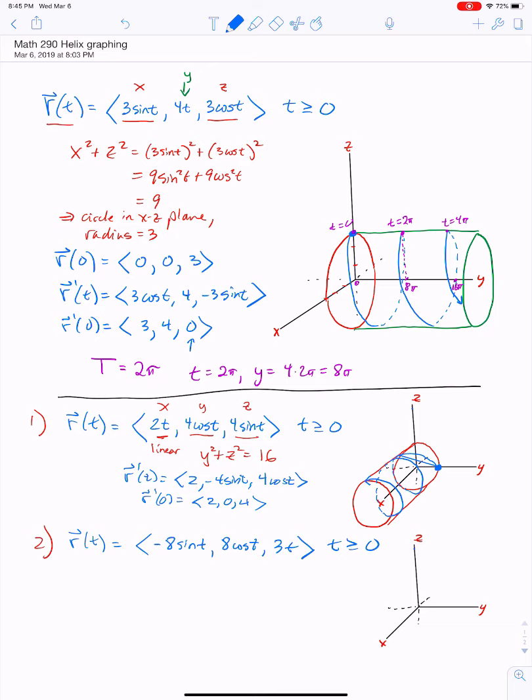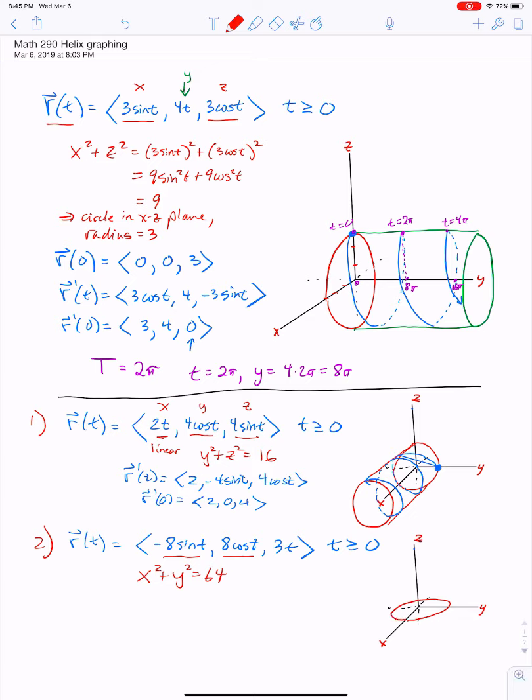Okay, now the second example, we have the x component and the y component are the sine and cosine part. So x squared plus y squared equals 64 in this case, which is a circle of radius 8. And I can draw that here in the xy plane.